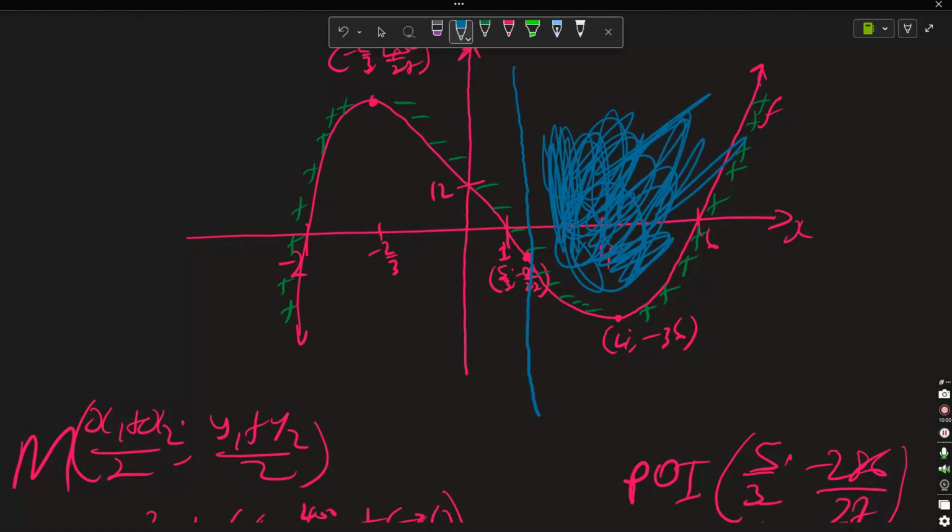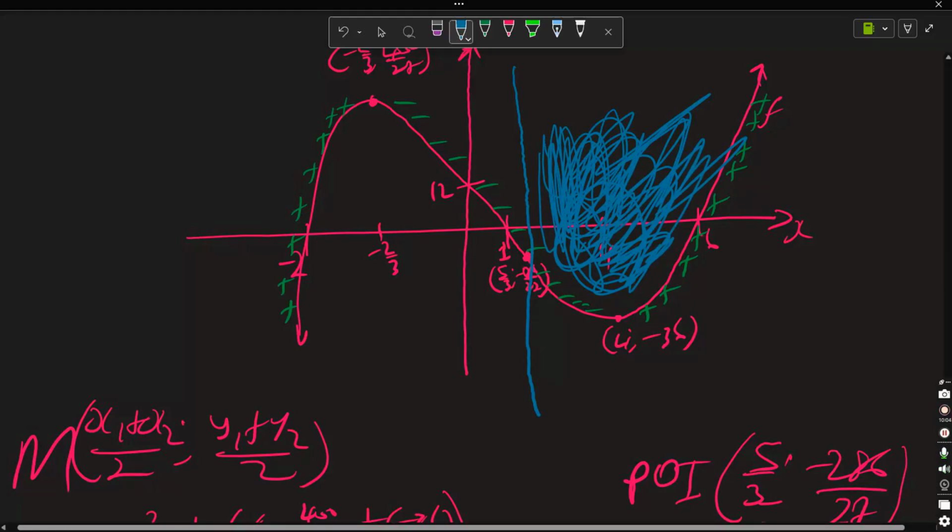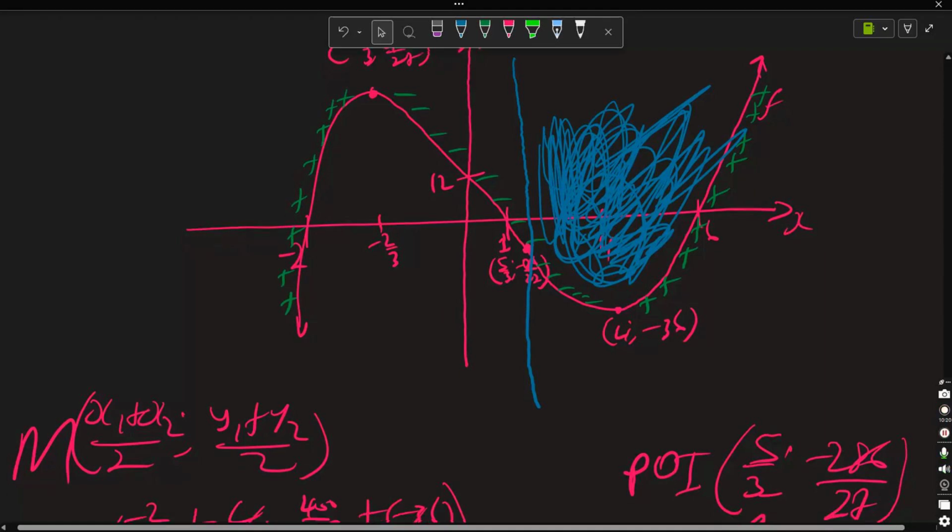So it's concave up. So from just after 5 over 3 to the right, or to positive infinity, the graph is concave up. You can also read this from the graph. In case you're given the point of inflection on the graph, you can do that.